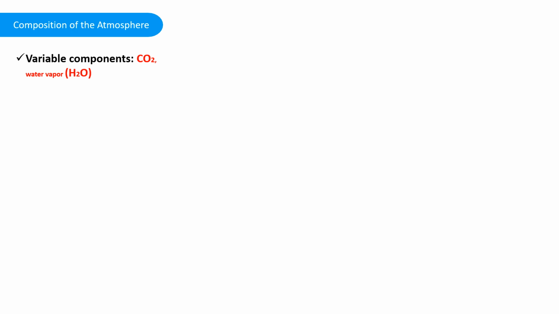So aside from these permanent components, or the non-variable components that we've discussed, nitrogen and oxygen, we also have these variable components. We have the carbon dioxide and the water vapor. These variable components are said to significantly affect the weather and climate.